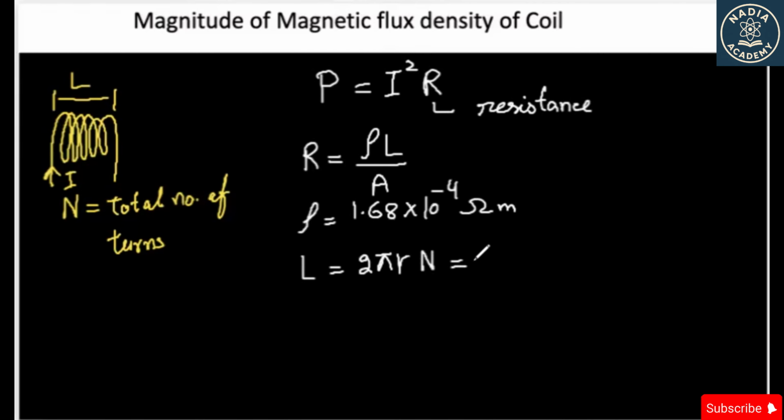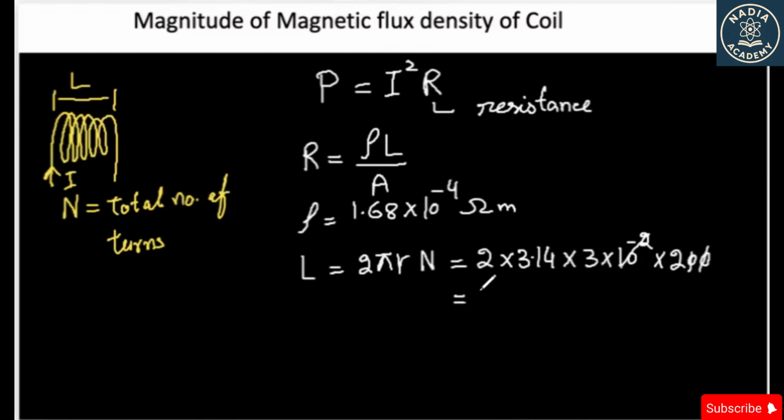So the total length is 2 times 3.14, and let's say that the radius of our coil is approximately 3 centimeters, so 3 times 10 raised to power minus 2, times the 200 turns that we use.